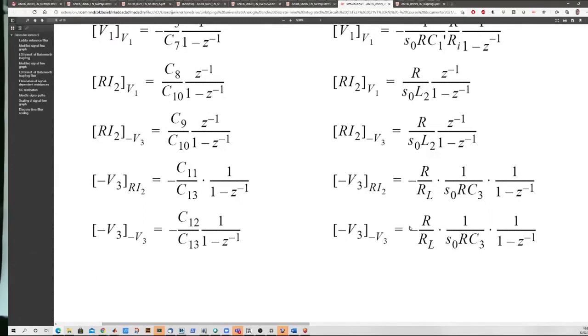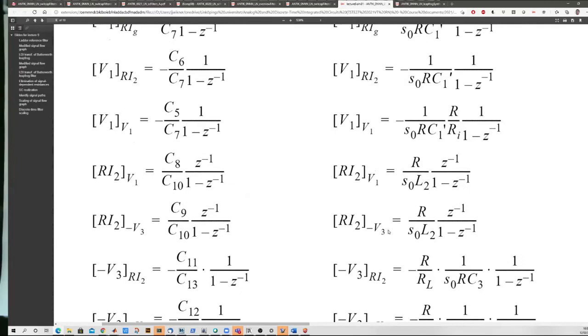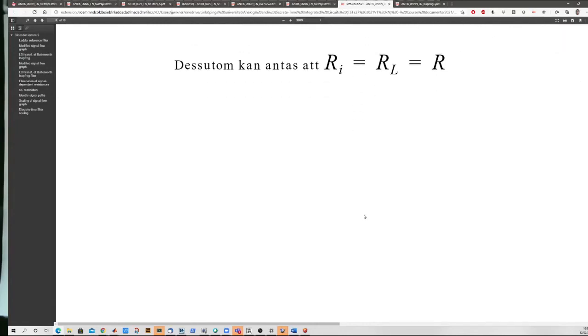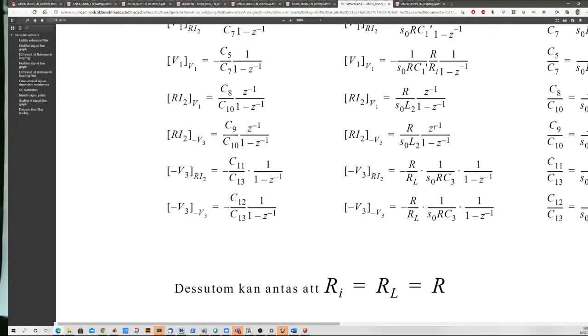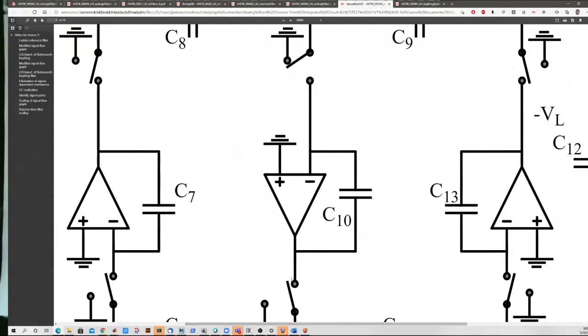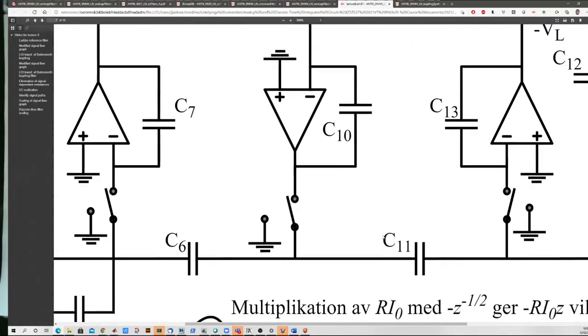And then it's up to you to make the assumptions. For example, you can assume that the resistors are equally large or something. Or you can assume that all capacitors connected across the op-amps might be equally large. Could be an assumption. So C7, C10, and C13, maybe you want to make them all equally large, for example.